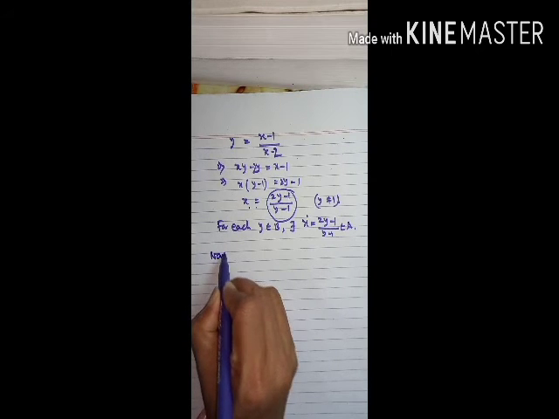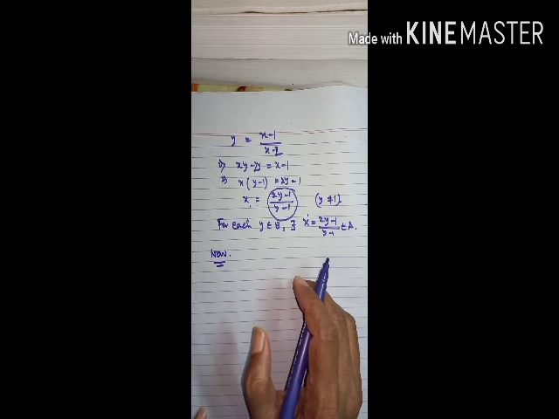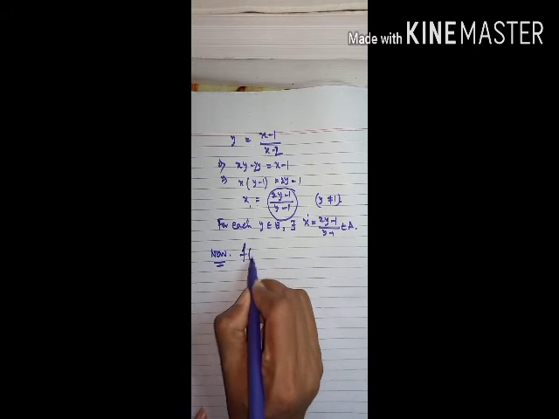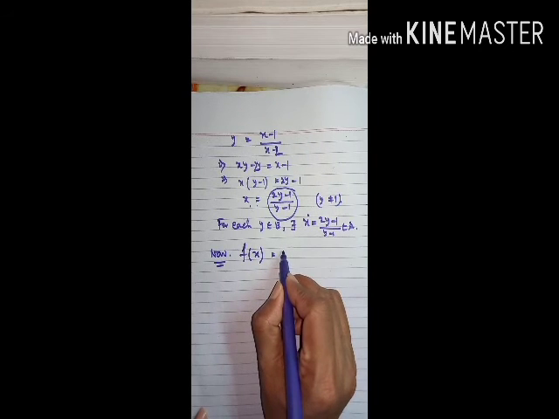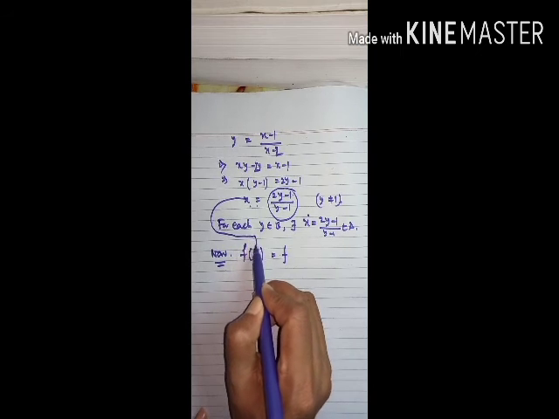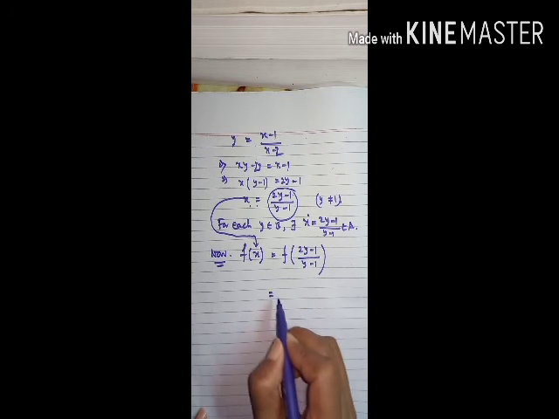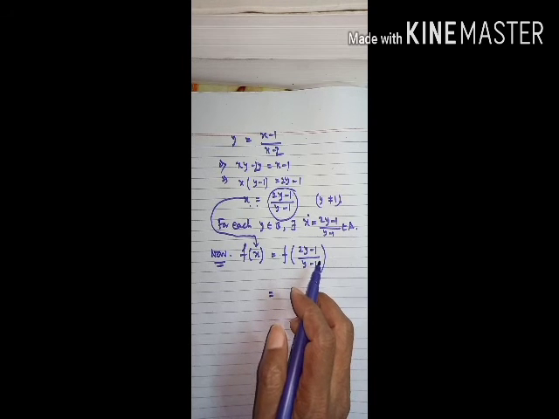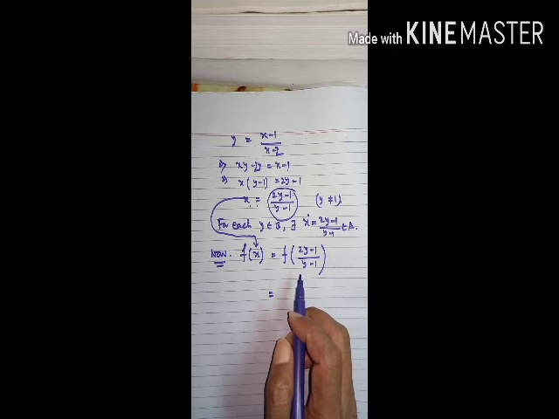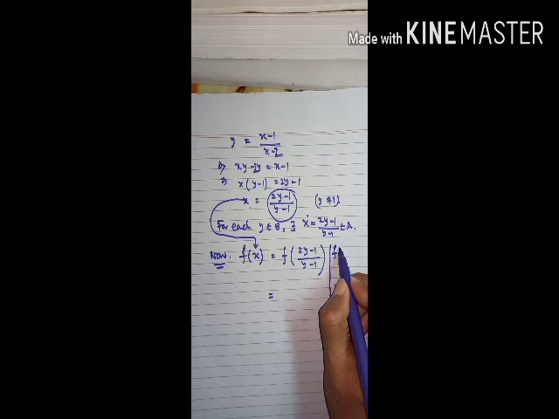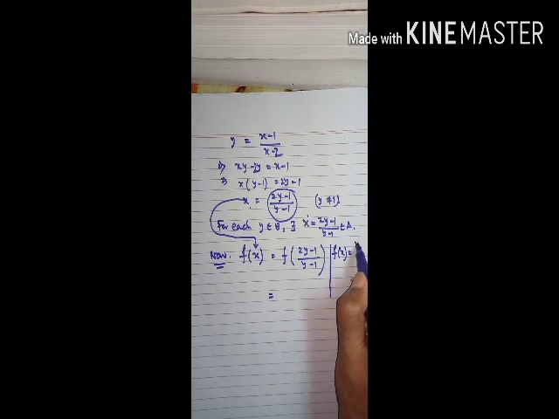Now we have to prove the onto function. Look here, we know f of x equal to (x minus 1) by (x minus 2).